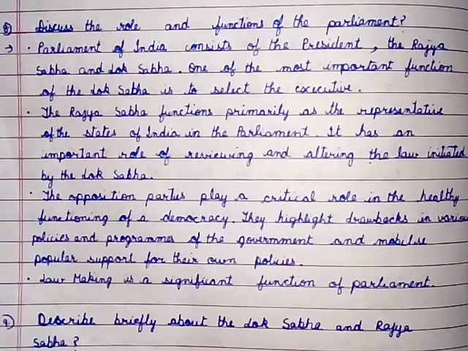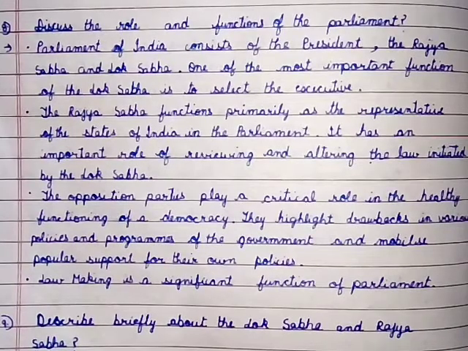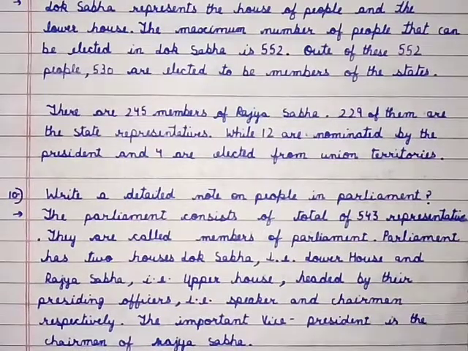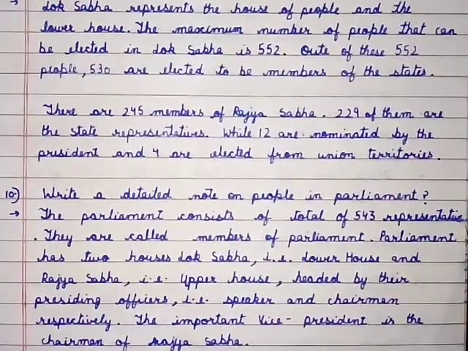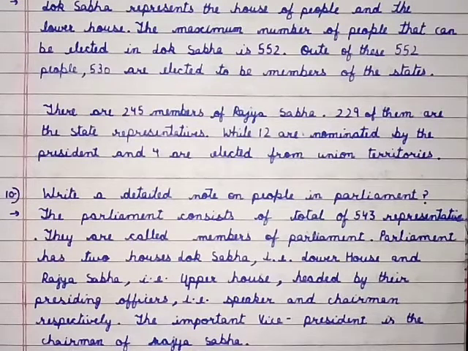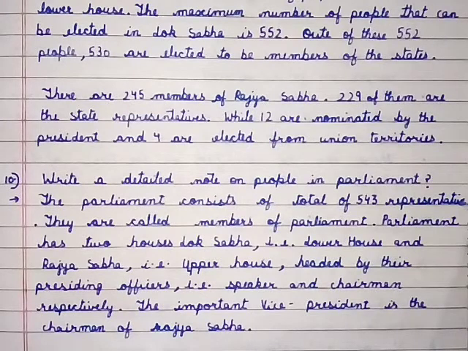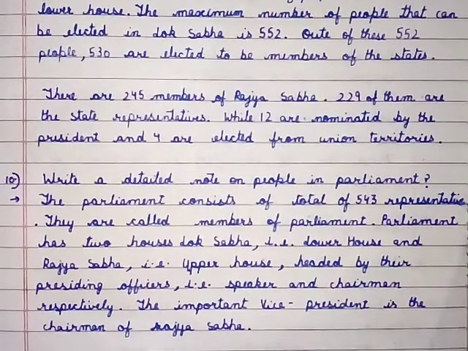Question number 9. Describe briefly about the Lok Sabha and Rajya Sabha. Answer. Lok Sabha represents the House of People and the lower house. The maximum number of people that can be elected in Lok Sabha is 552. Out of these 552 people, 530 are elected to be members of the states.